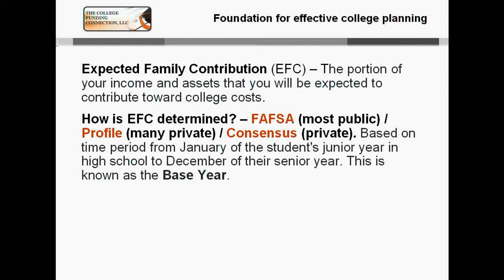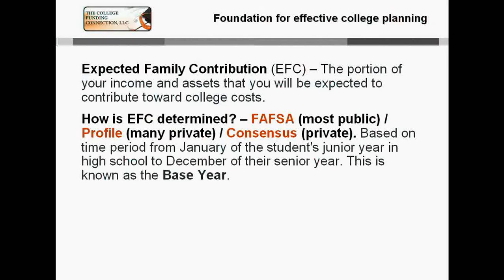And then also a newer one, which they just started using, I believe, last year, is what they call the Consensus. And this is where a group of colleges got together and agreed to use a certain type of assessment process. And generally speaking, it's many of the larger, more elite private universities or colleges.